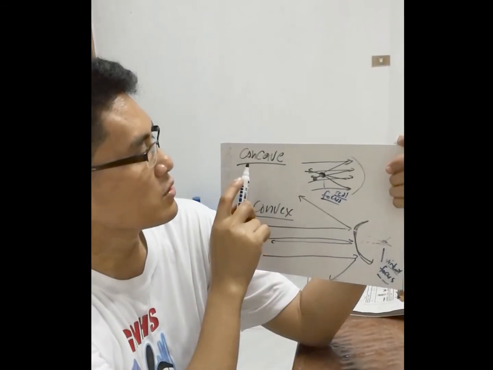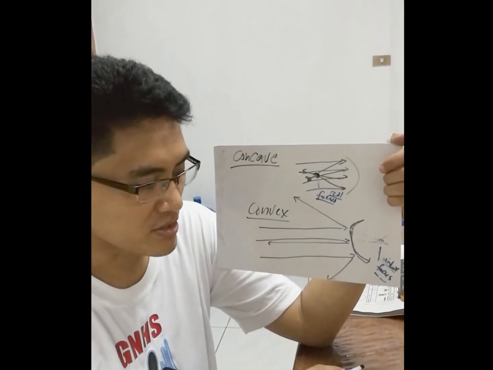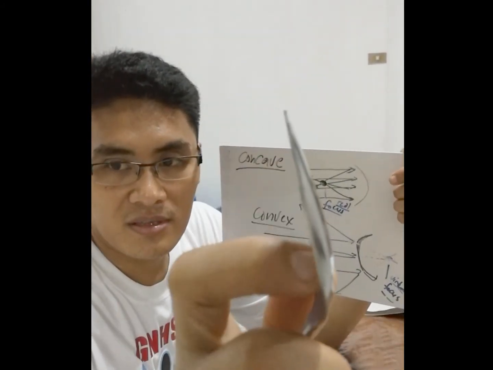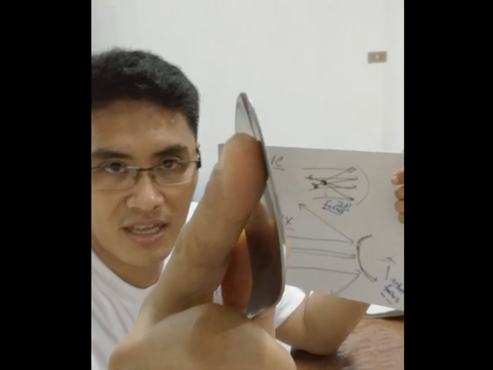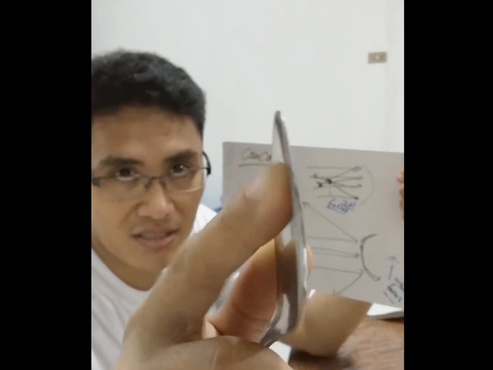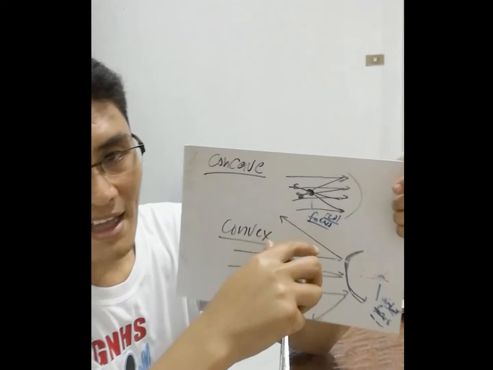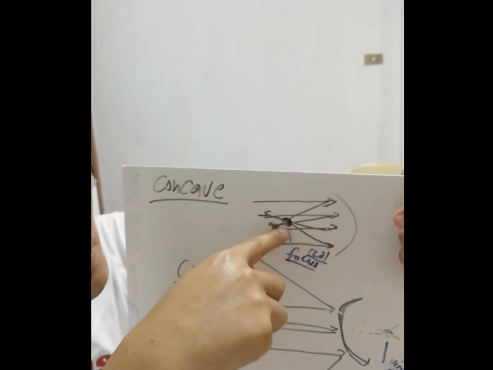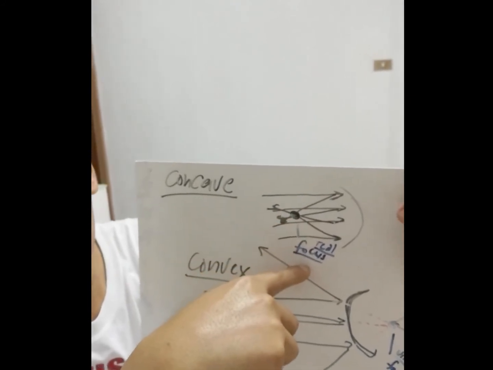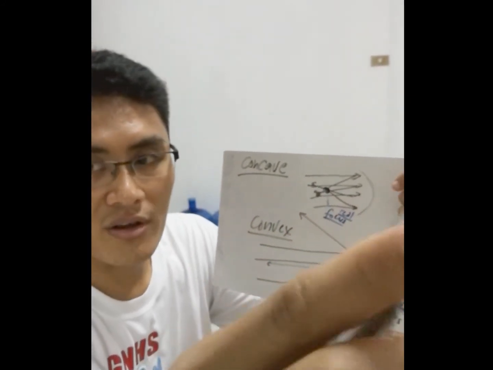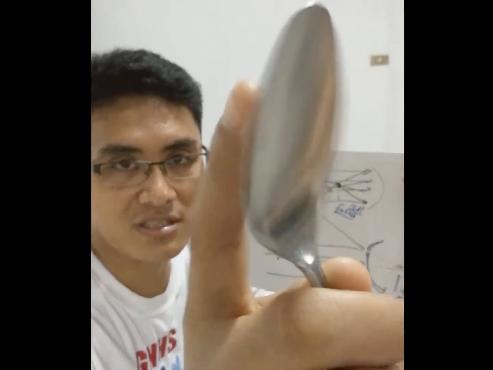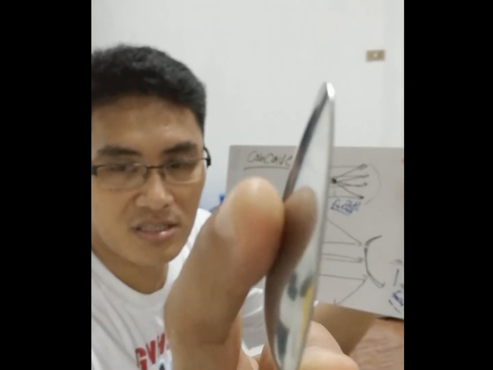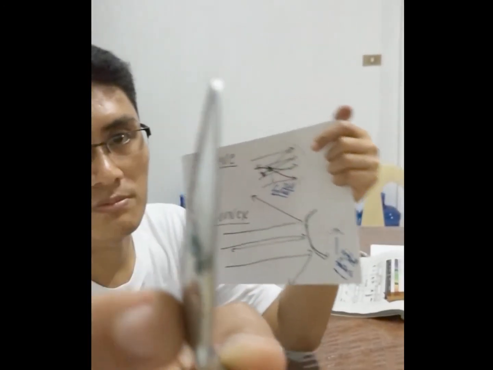So concave and convex mirrors. A concave mirror is when the reflecting side has a depression, a cave in it, right? And its action is to reflect the light rays such that they meet at a real focus. A convex mirror, such as this one, the reflecting side is the side that is bulging towards you, right?